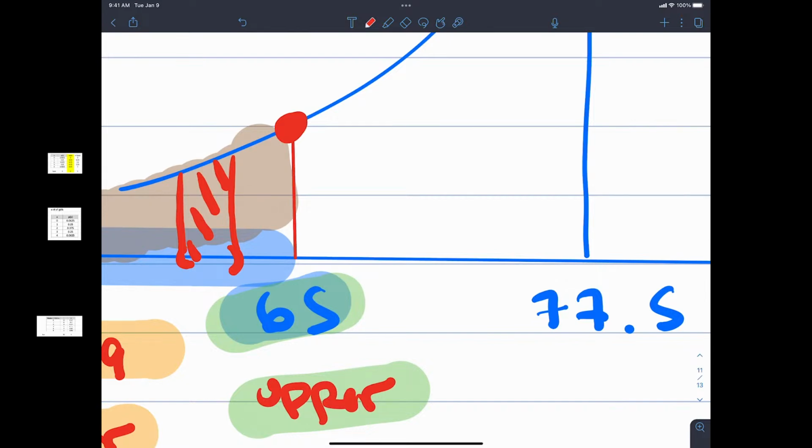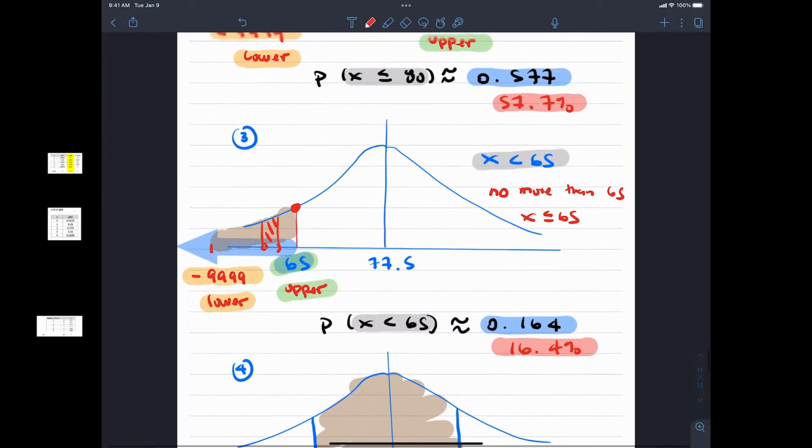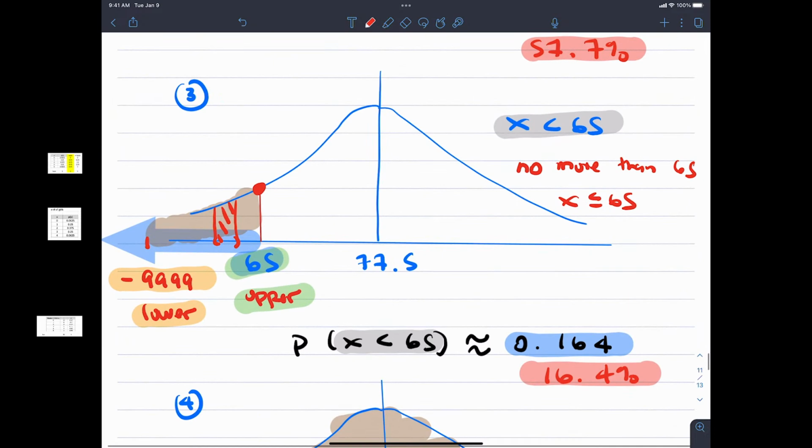So that's the difference between no more than, where you include 65, and less than, where you don't. I know, there's a lot of math under the hood here, ladies and gentlemen. There's a lot of ideas. The good news is you don't have to take Calculus 1 and 2 and then learn about integration and Simpson's rule. You guys get to use the TI calculator. Okay?